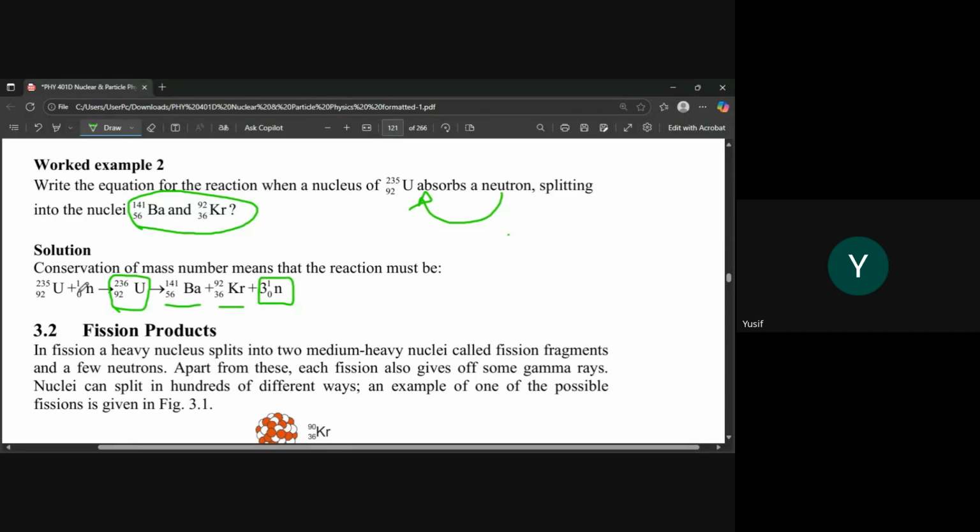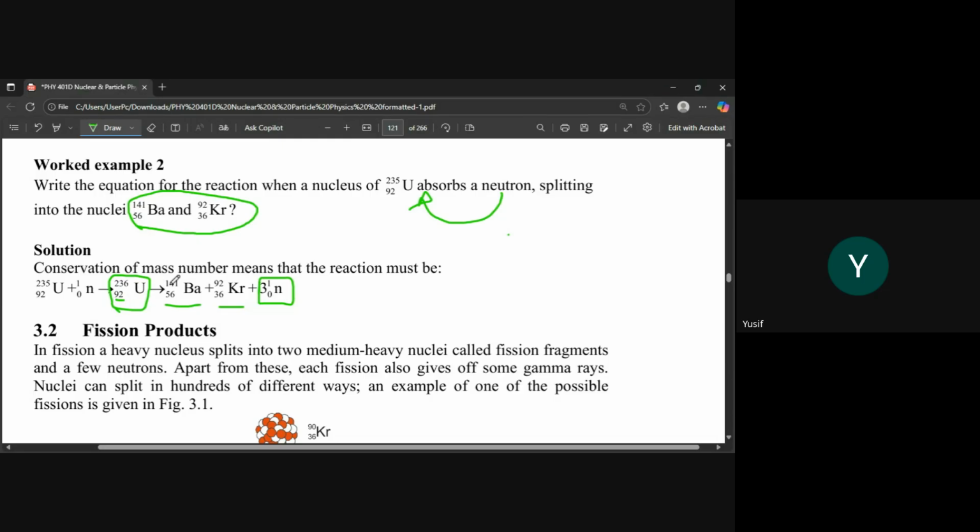Now we have 236, and we have this as 92. Now let's come to this side. 56 plus 36 will give us what? 92. It means the atomic number is conserved.